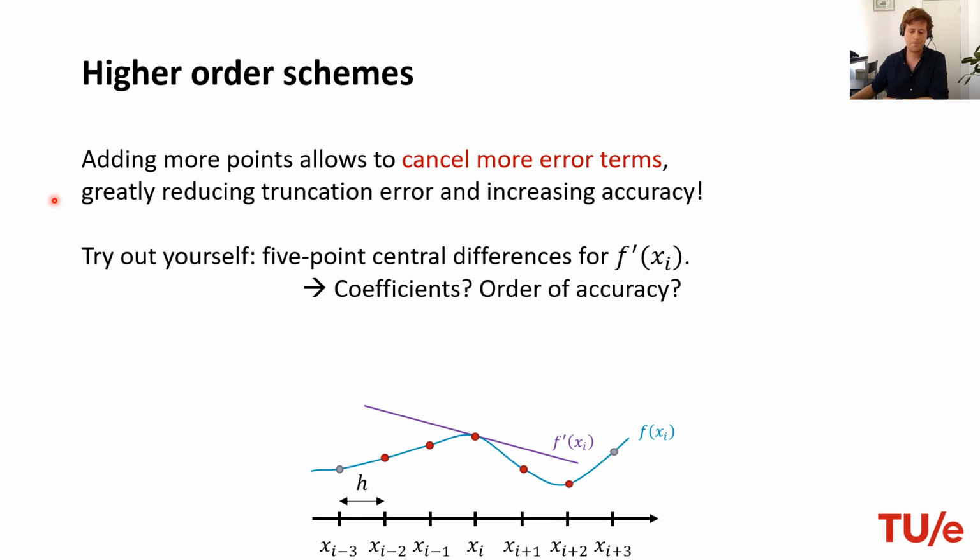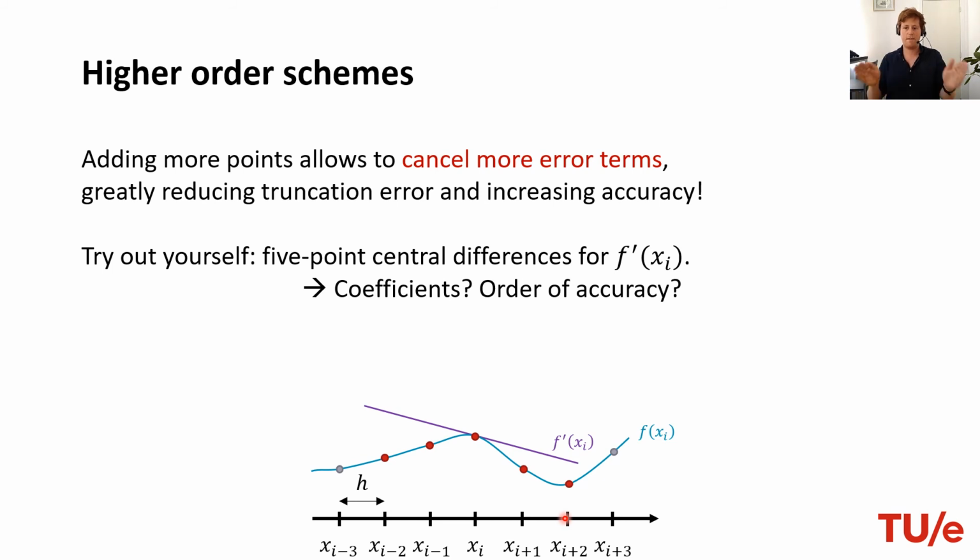I'm not going to do this in this lecture, but I would suggest that you try out yourself to derive the 5-point central difference scheme for the first order derivative. So you need to find the coefficients. The 5-point central scheme will involve points i minus 2, i minus 1, i, i plus 1, and i plus 2.